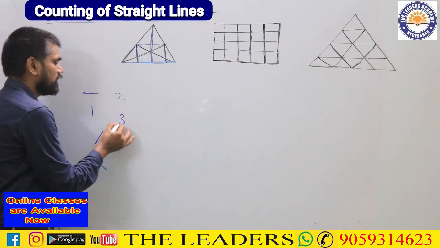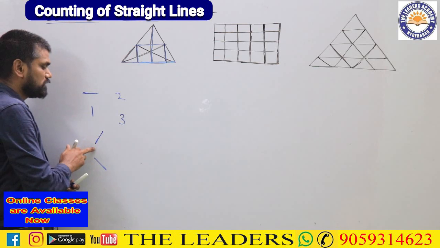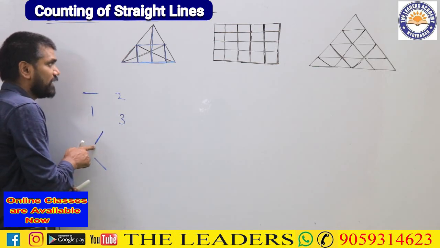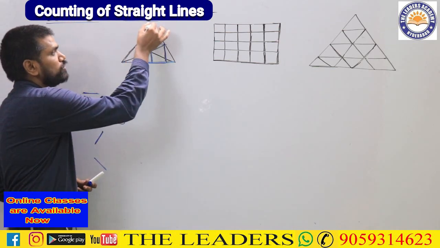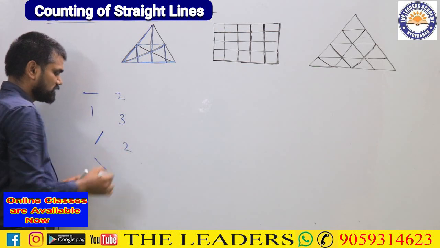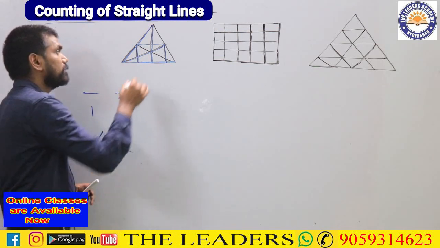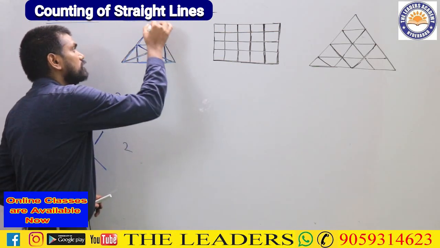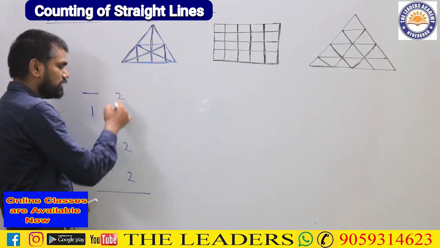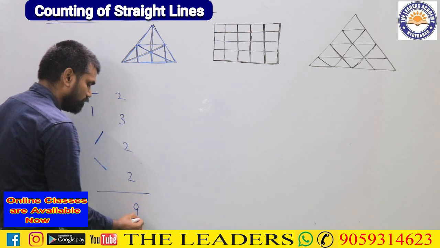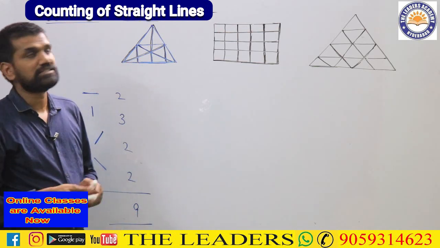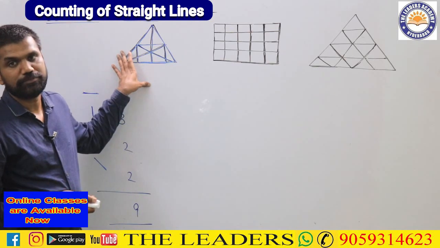Coming to the slant lines, which are like this, the slant lines in this diagram are these two. Slant lines which are looking like this are two again, hence this is another two. In total, the number of lines we have over here are how many? 9. So hence we have 9 straight lines in this particular diagram.